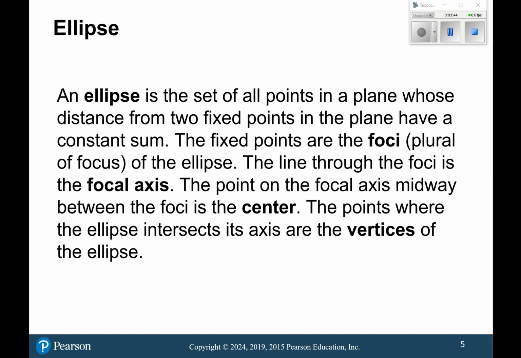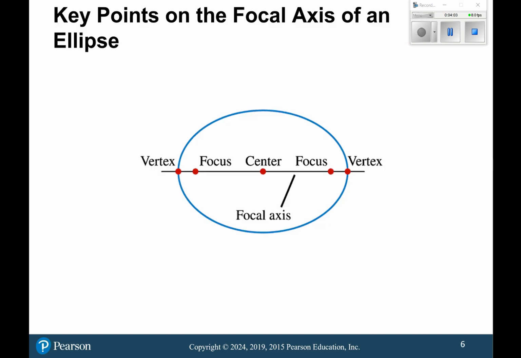We should be able to put a line through both foci. We call that the focal axis. The midpoint of that is going to be the center of the ellipse. And then we're going to find vertices on the ellipse.